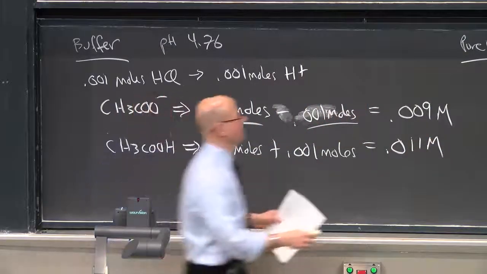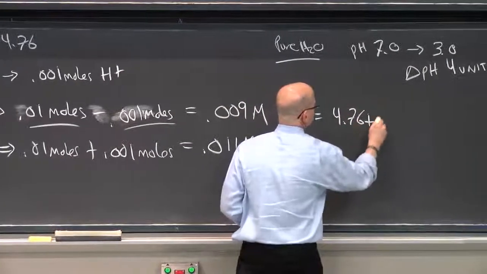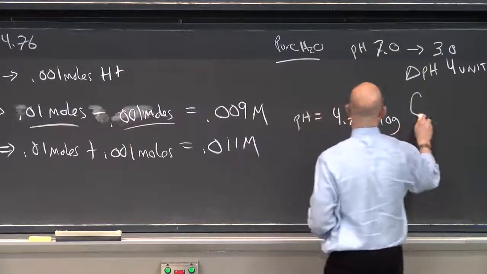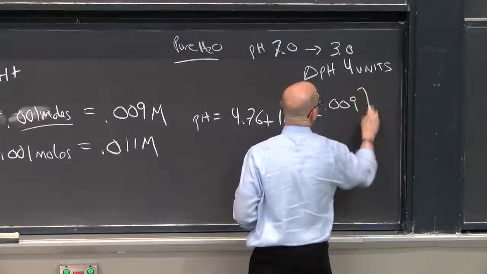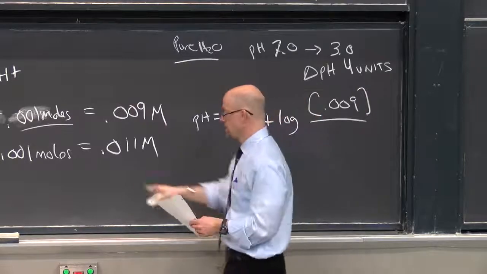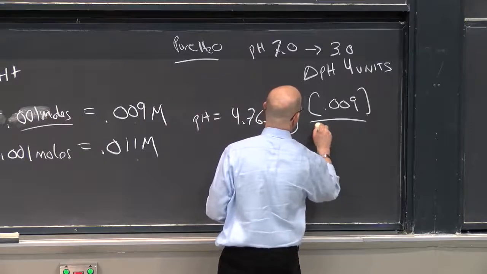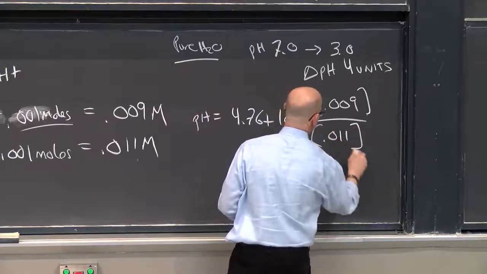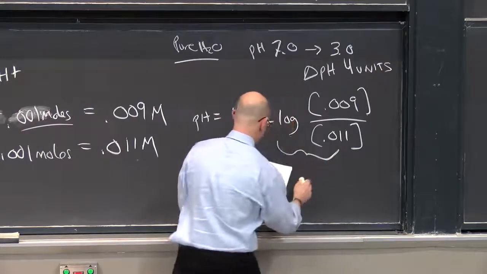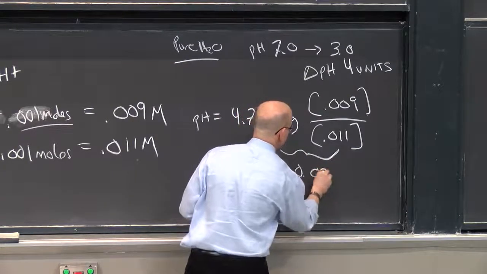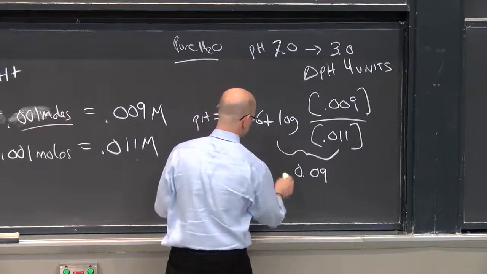So what's our new pH? Well, our pH is just equal to 4.76 plus the logarithm of the new concentration of acetate anion, 0.009, divided by the new concentration of our acetic acid, which is 0.011. And if you calculate the logarithm of this, it works out to be minus 0.09.